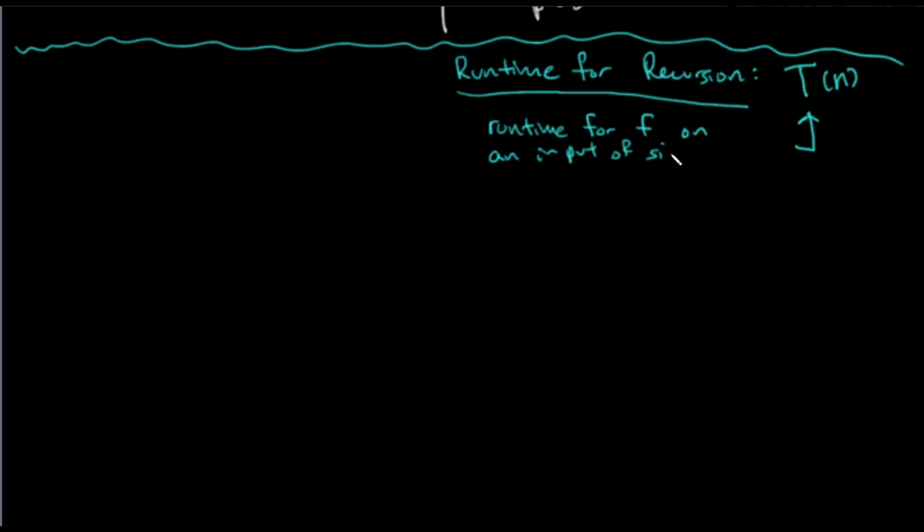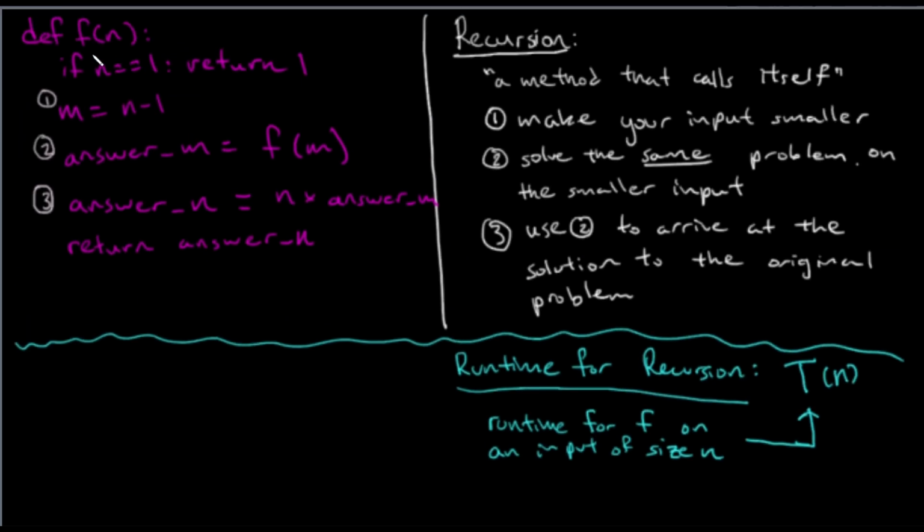of size n. So what might be a bit confusing is we use this function word in two different contexts. Here, f is a function or a method in terms of code. Right? We use the def keyword to define a method in code or a function in code.